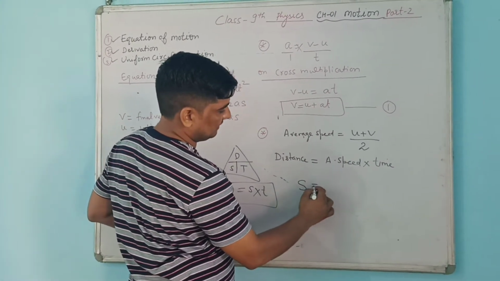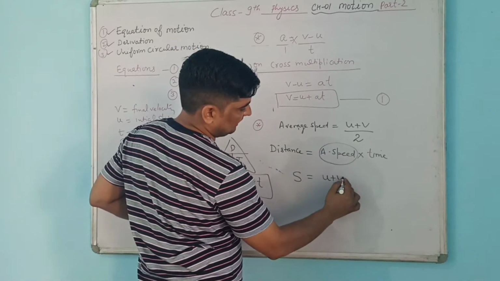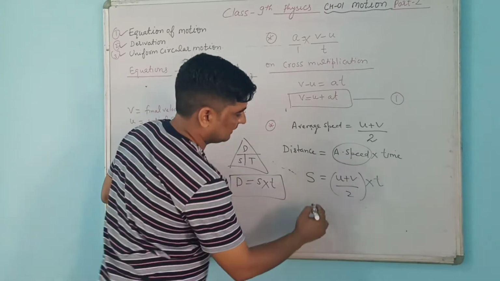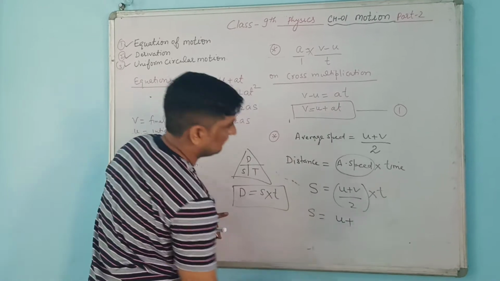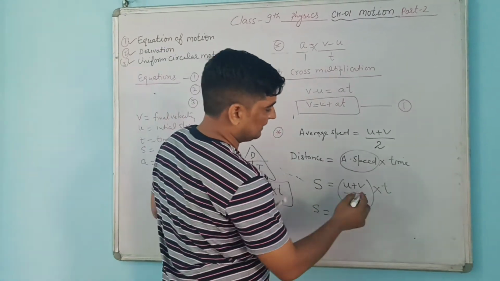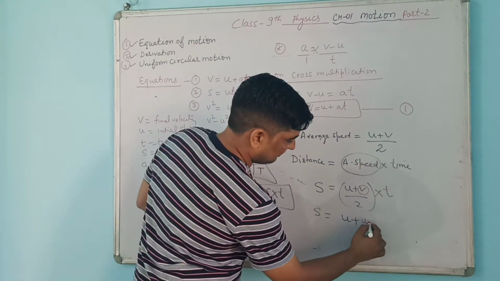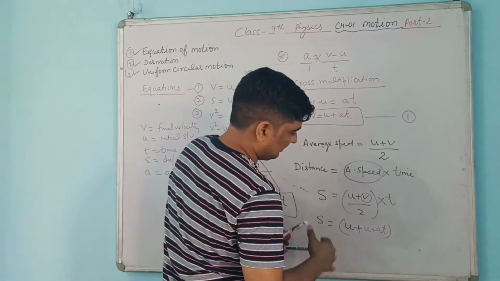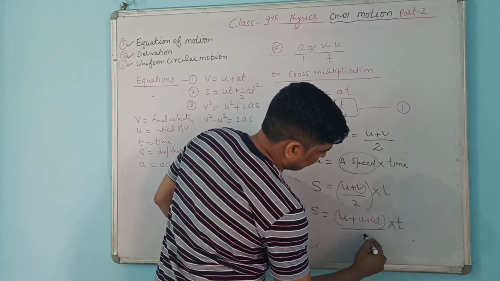So distance s is equal to average speed, u plus v divided by 2, into t. Now v is equal to u plus at, so here you have to place the v value, u plus at, divided by 2, into t. Up to here it is clear.